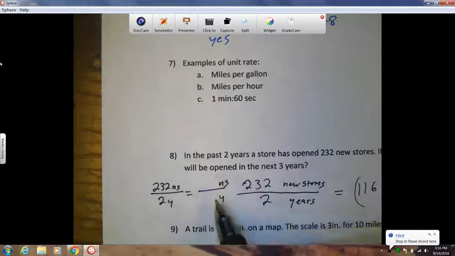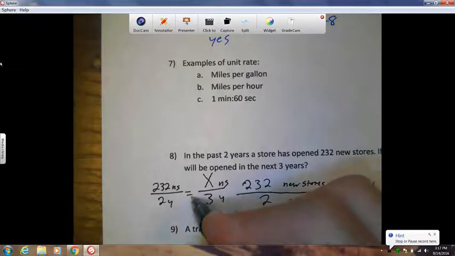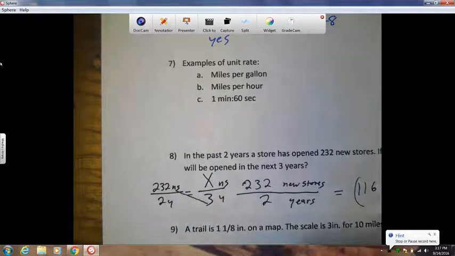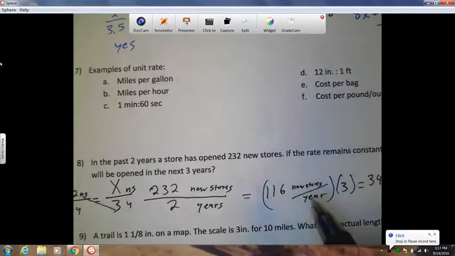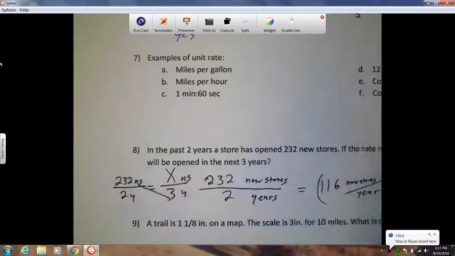So I don't know how many new stores I will have in the next 3 years. So notice what I'm going to do to solve this. When I cross multiply, I'm going to multiply that by 3, just like I did over here. And then I'm going to divide it by 2, just like I did over here. Either way is a good way to solve it.